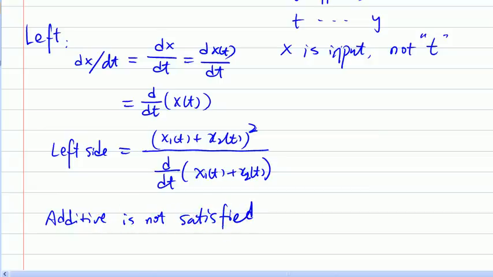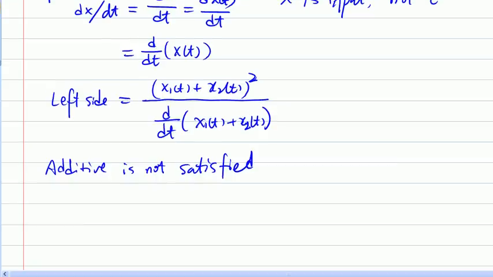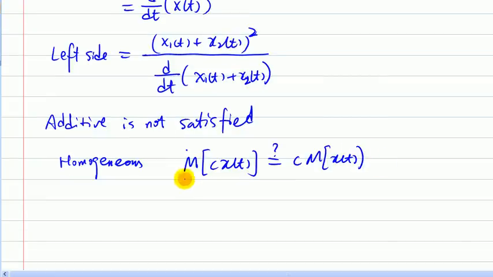Now homogeneous is satisfied. The reason is, we are going to check whether m of c x of t equals c m of x of t. So again, what do we replace? Now the input is c x of t.